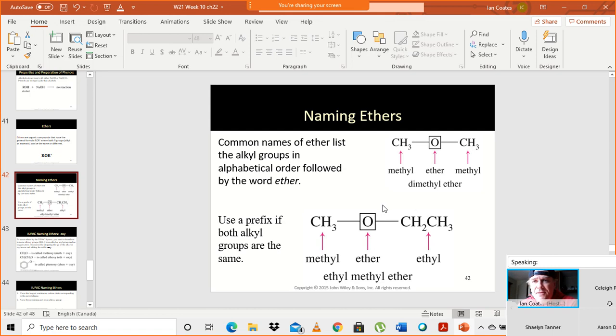Diethyl ether. But if you have a look here, this is the old school name. All right? Here I have a methyl group. Here I have a methyl group. Okay, my longest chain is 1. Ooh, I got 2 methyls here. But you'll realize there that this is an ether. So old school name, dimethyl ether.